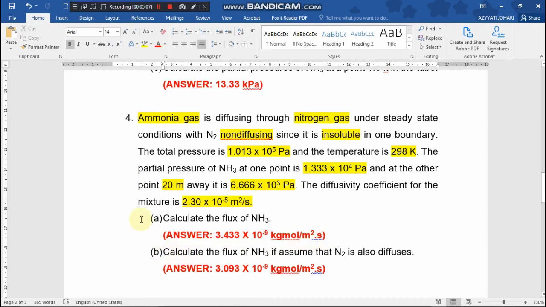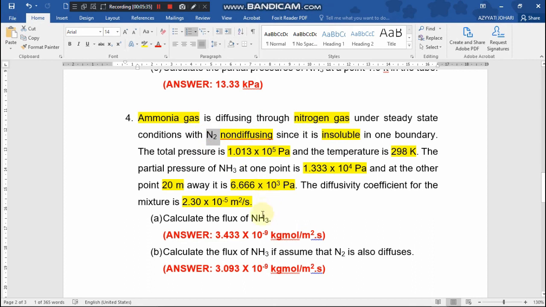And then for B, calculate the flux for NH3 if we assume that N2 is diffusing. Okay, actually for one component diffusion, we just have the value for NA, because we don't have to calculate NB, because according to the fundamentals, if component B, which is N2, is non-diffusing, the flux for nitrogen will automatically be zero.